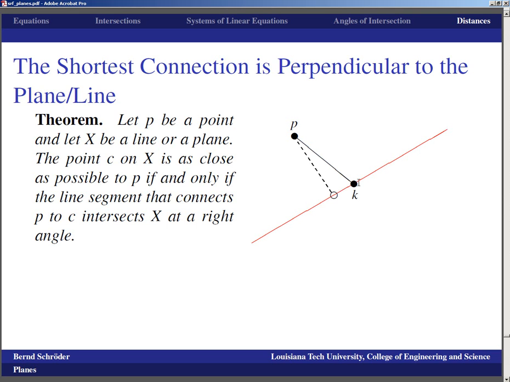And we can see that the distance to this point, for which the connection does not intersect at a right angle, is longer than the distance to this point where the connection does intersect at a right angle. And so that means that the point for which the line segment from the point to the plane intersects at a right angle is closer to the point than any of the other points of the plane, and that's exactly what we wanted to prove here.